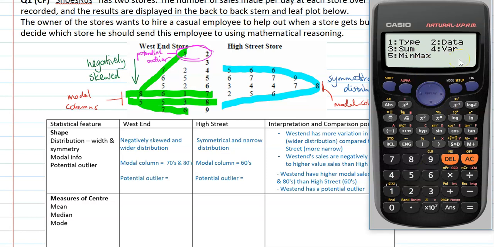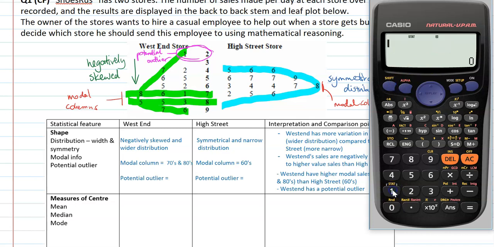The function on the calculator we're interested in is option 4, VAR, just talking about our variables. And you'll see there, n will tell us how many values we're analysing. 2 will tell us our mean value. 3 and 4 we're not interested in at the moment. They're standard deviations, which we'll look at in grade 11.